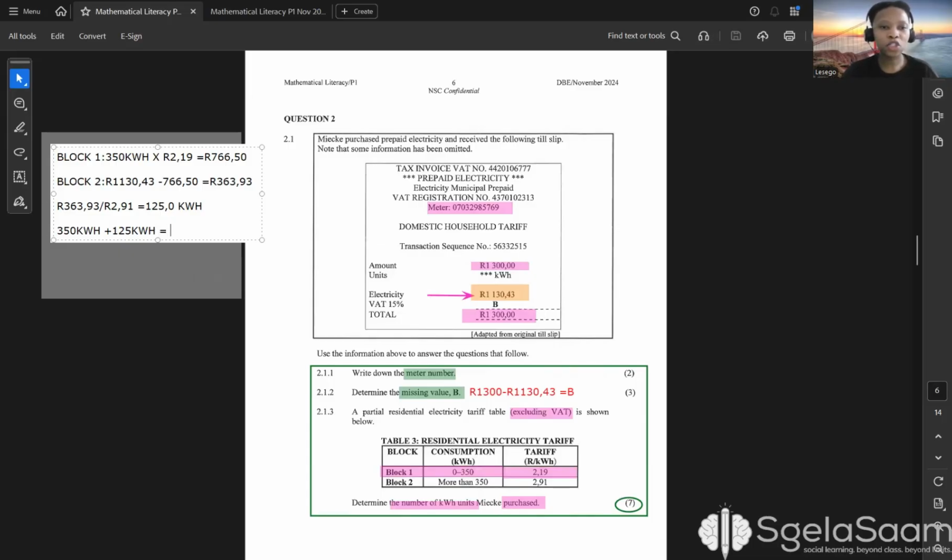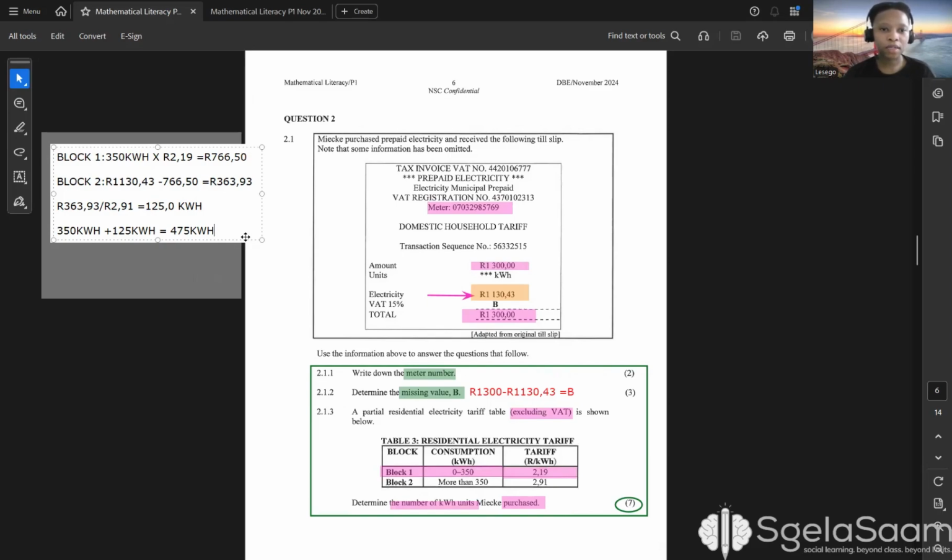That gives us the total that was purchased by Mieke. So it's 125 plus 350. That is a total of 475 kilowatt per hour.